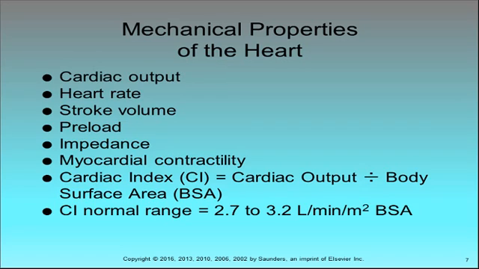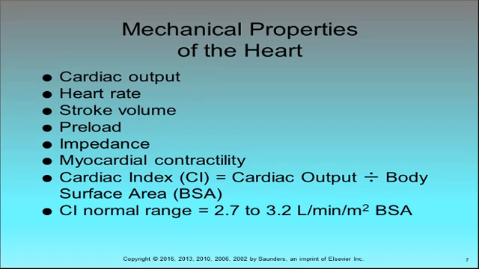Your preload is determined by the amount of blood that's returning to your heart from both your right heart and your left heart, so that's both your venous and your pulmonary system. Impedance, I'll come back to that one in just a moment.